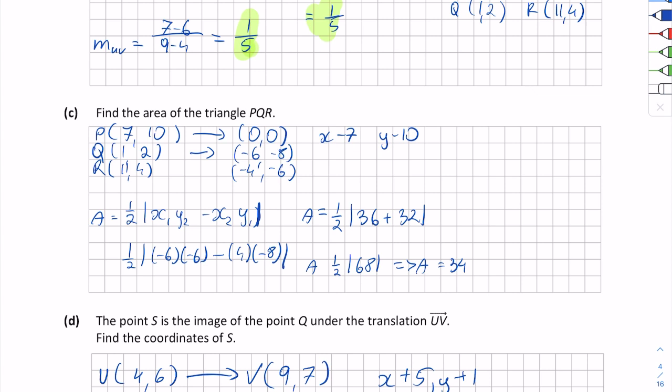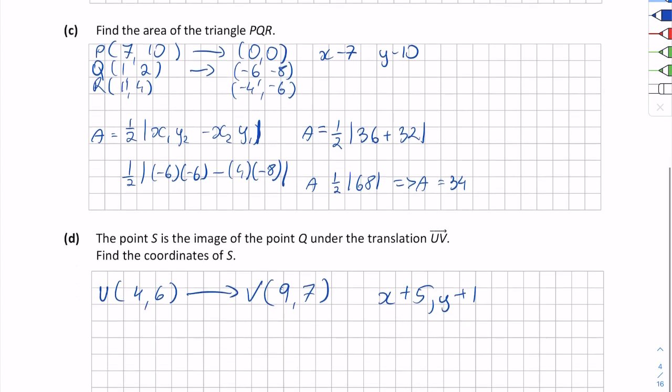Okay, so if that's the case, getting point Q with coordinates of 1 and 2 onto point S, all we need to do is take the x-coordinate of Q and add 5, and take the y-coordinate of Q and add 1 to get S with coordinates of 6 and 3.